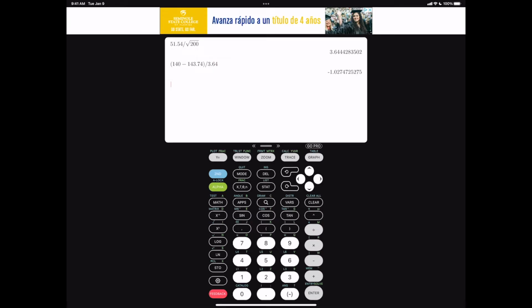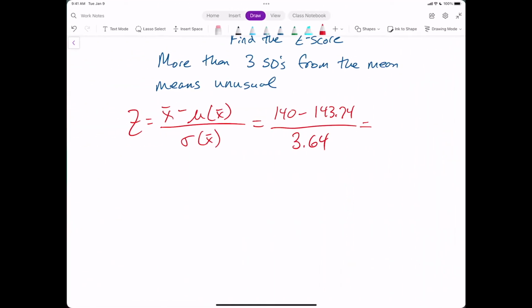And to 2 decimal places, we get a negative 1.03 as our z-score. So that means, remember, I need to be smaller than a negative 3 or bigger than 3 to be unusual. Negative 1.03 indicates it's not all that unusual. A sample mean of 140 pounds is not unusual. So that is our answer.